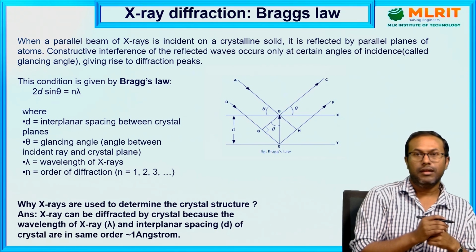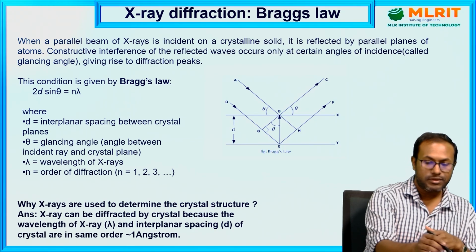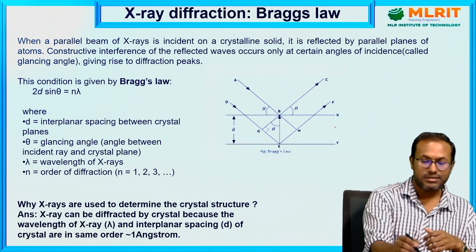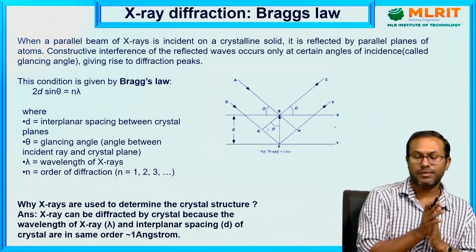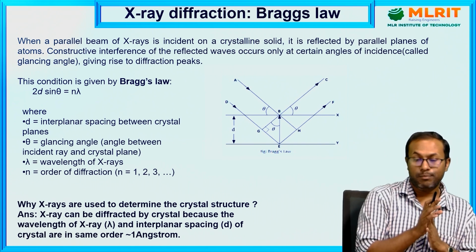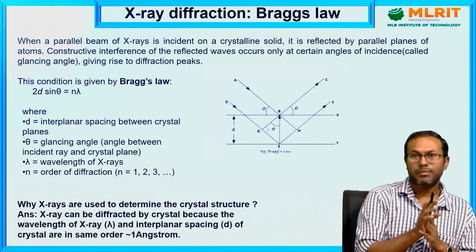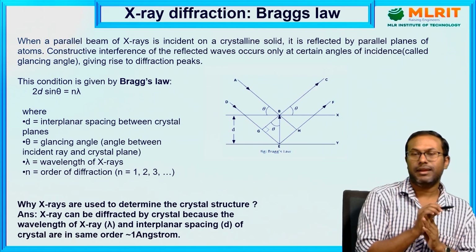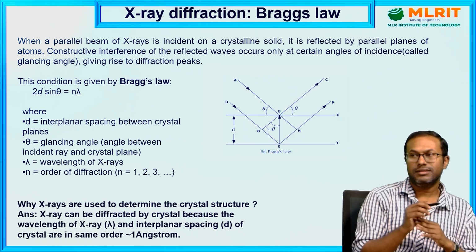Suppose in a crystal structure there are two parallel planes. We know from crystallography that the planes basically depend on the lattice parameters, those are a, b, c, three parameters, as well as the interfacial angles.